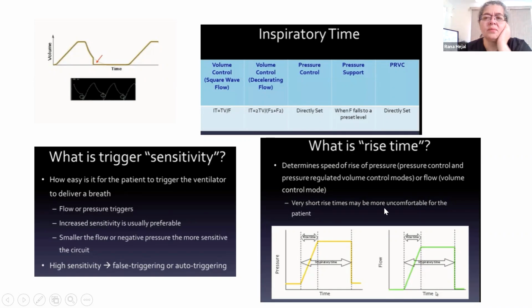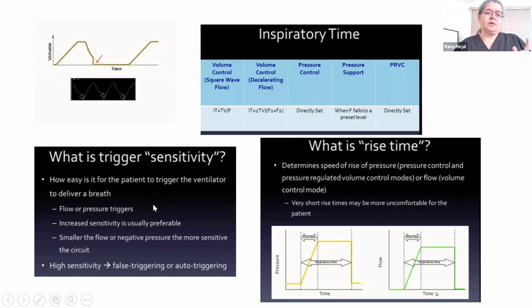There is some work on it, but it's beyond my level of expertise. There are certain parameters that people studied, and they thought that the work of breathing will decrease if you are delivering the breath at a slower rate. But again, I have to study it a little bit more. I tend not to play with it much.